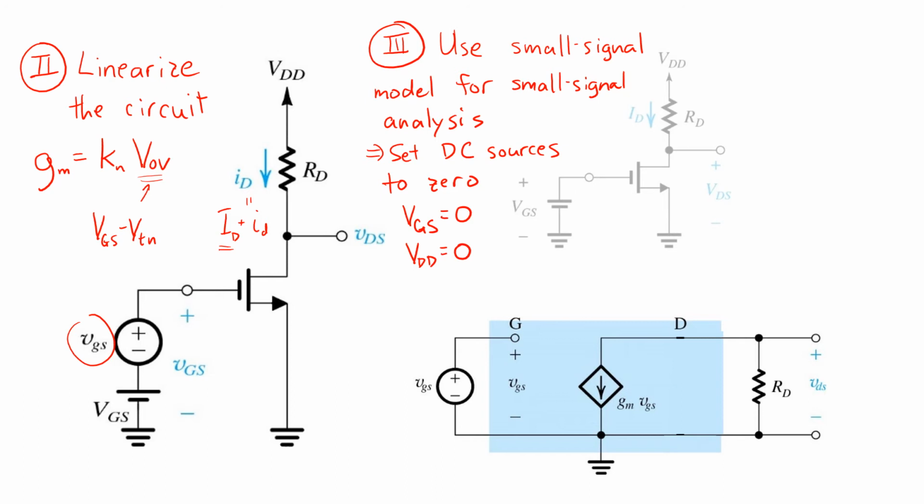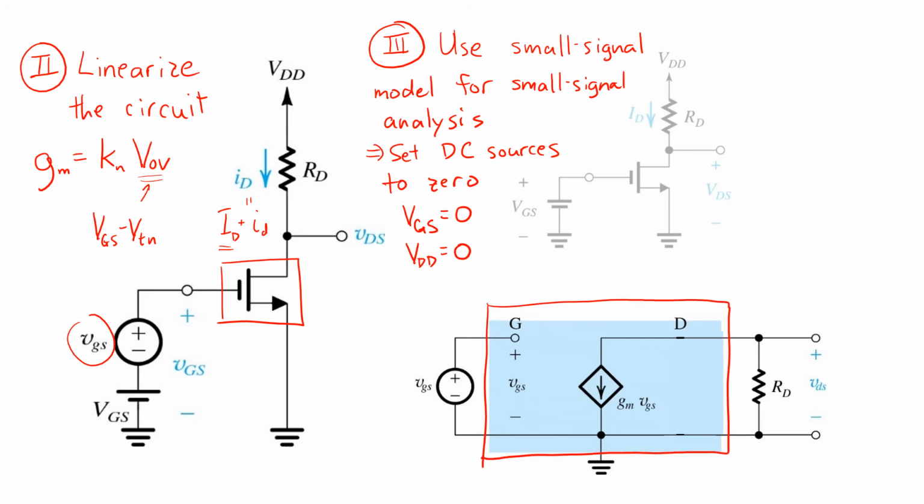So if we do that, we replace the MOSFET with the small signal model we found for it, shown here. So we find that the source of the transistor is connected to ground. The drain of the transistor is connected to one terminal of RD.